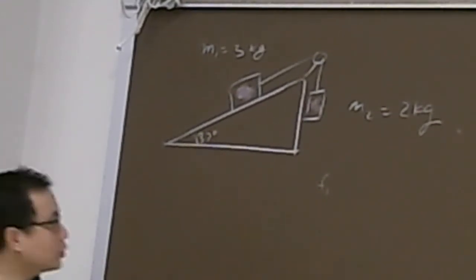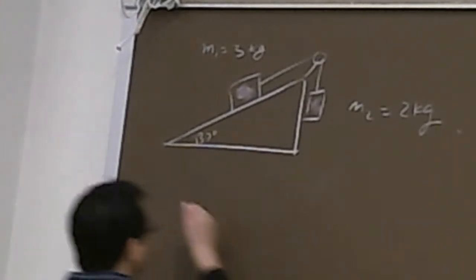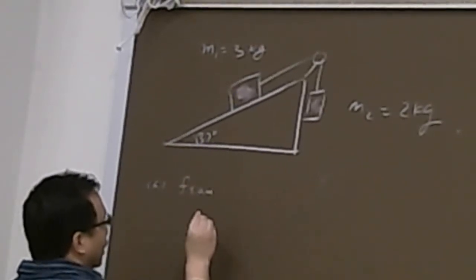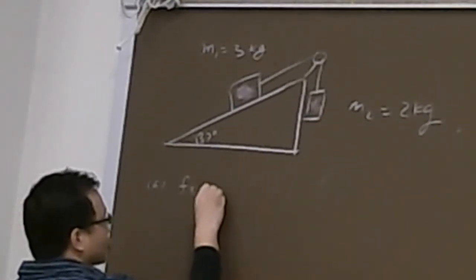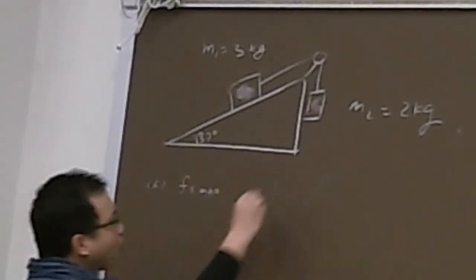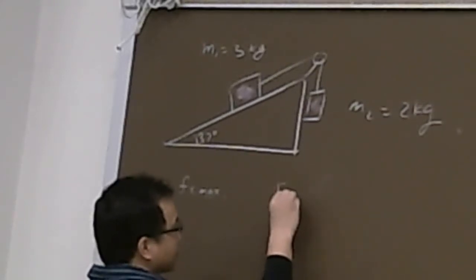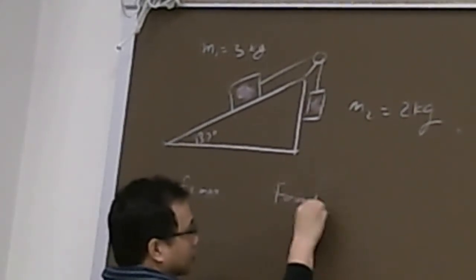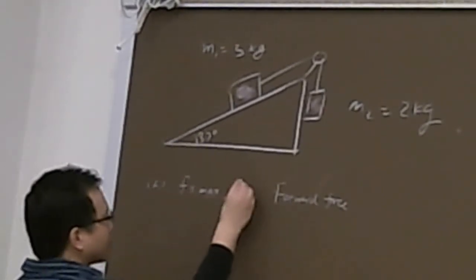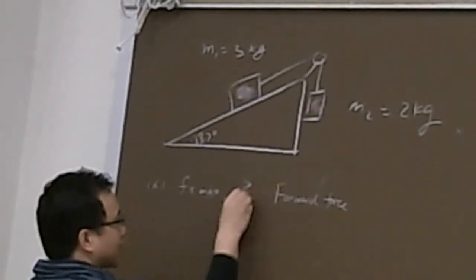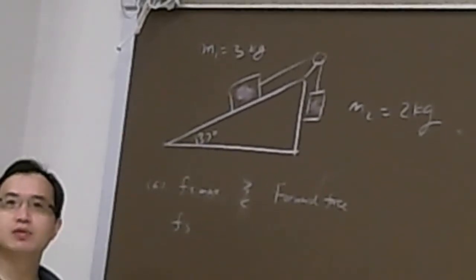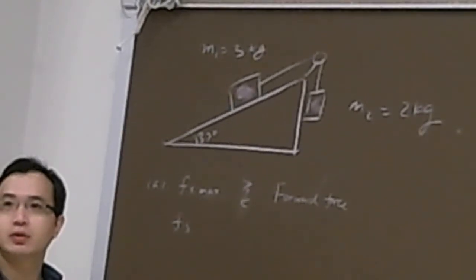So in this part you need to calculate several things. You first need to calculate the maximum static frictional force. And also you want to calculate the forward force without friction. And compare the two: which one is larger or smaller. Then you can determine the actual static frictional force, and then you can get the acceleration.